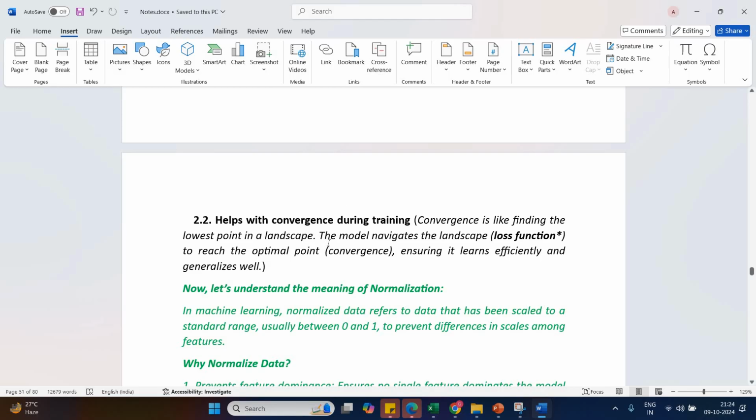Okay, so what it does, the model navigates the landscape of the loss function. This is another key point, the loss function. How does the model navigate the landscape? How does it find out how to adjust the values of the columns, or how to remove the columns which are not useful? All those are generated using the loss functions.